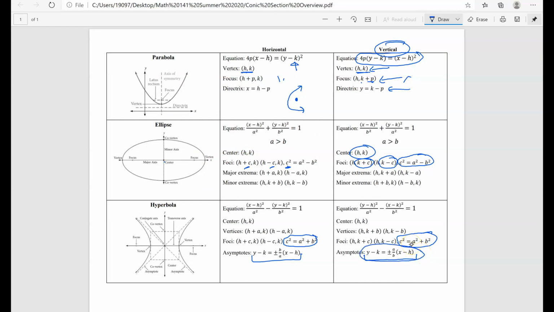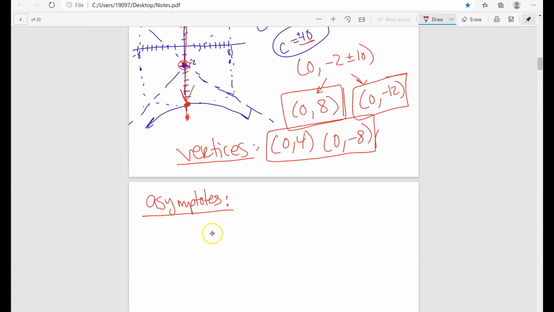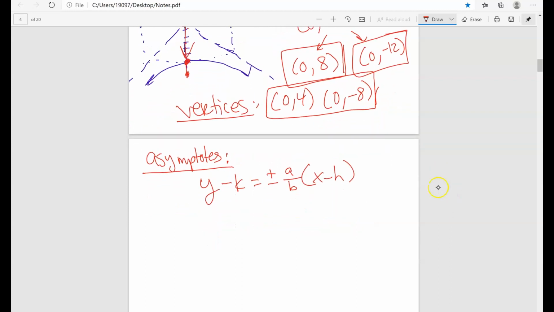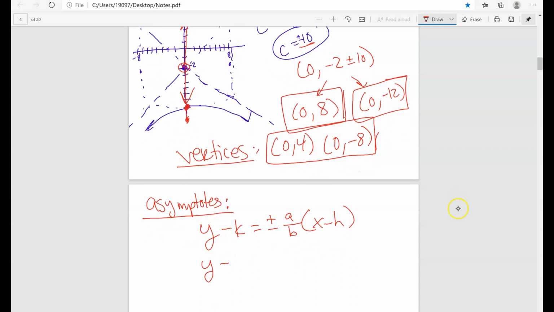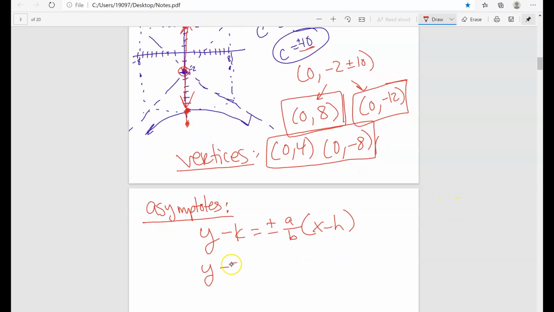So let's just go ahead and write it out. So we're going to have y minus k is equal to plus or minus a over b, x minus h. So in this case, my k was equal to -2, plus or minus a.